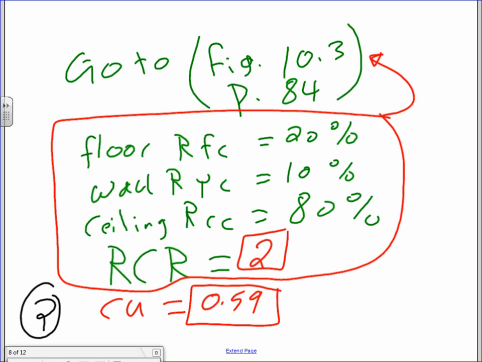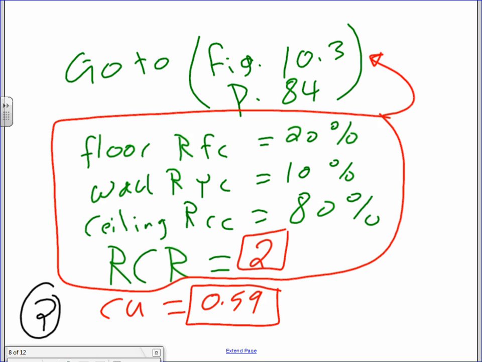Everybody knows how to use this table. Please go where the floor is, where the wall, where the ceiling. Can I have thumbs up, Chaz? Because if you don't know how to use it, you're going to get the wrong number. So based on the floor, the wall, and the ceiling reflection, and the room cavity ratio that we have just found, Adam, you're going to come up with coefficient of utilization of 0.59. Cool? So just go, guys, to that particular page and pick that number.